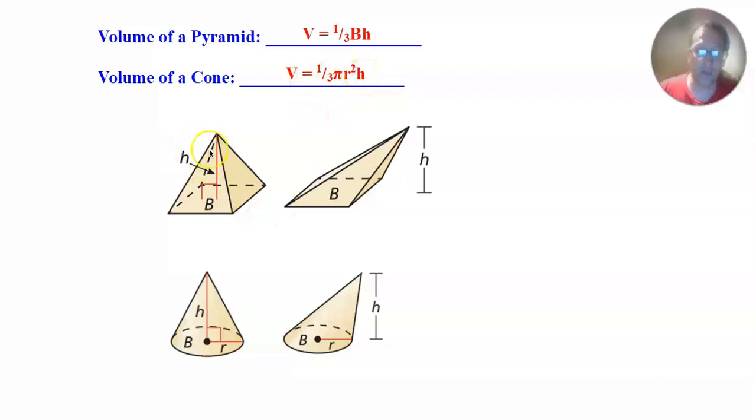Do notice, for the volume, we are using the actual height, not the slant height, okay? Well, you can remember that. Actual height is going right down the middle. Usually it's going to be inside your pyramid, inside your cone, right? Maybe not if it's oblique, but on a right pyramid or a right cone, it's going to be inside the cone. And volume is the stuff you put inside the thing.